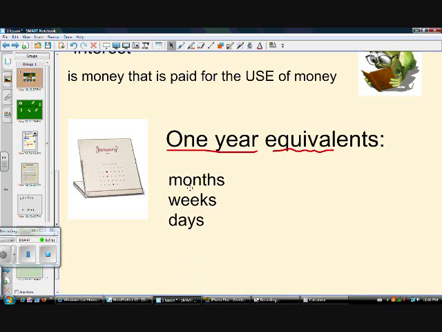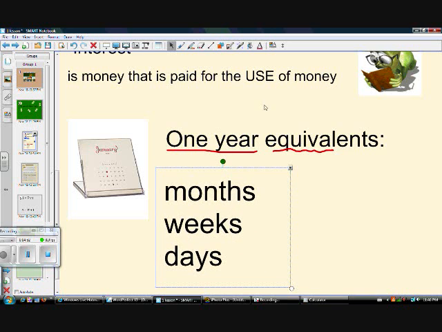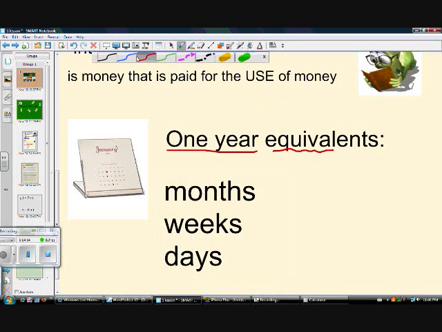I'm just going to bring this up, in case you have forgotten, we need to know what is equivalent to 1 year. Well, there are 12 months in a year. There are how many weeks in a year? 52.